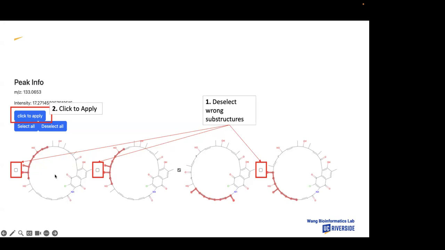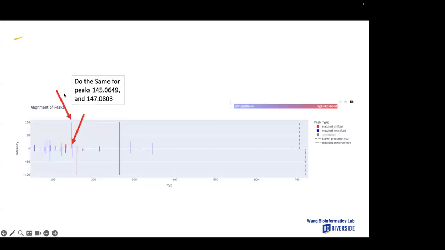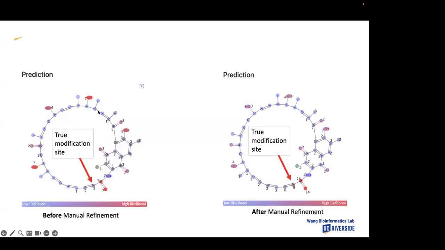And if you go ahead and remove these other three substructures and then click to apply, and do that for these other two peaks, 145 Daltons and 147 Daltons, then you see a new updated prediction. Also, these updates happen in real time.